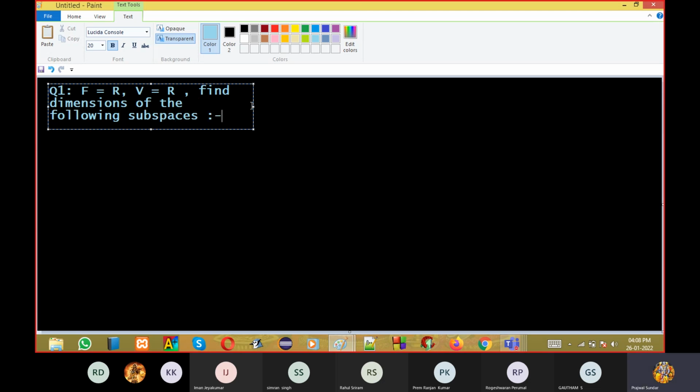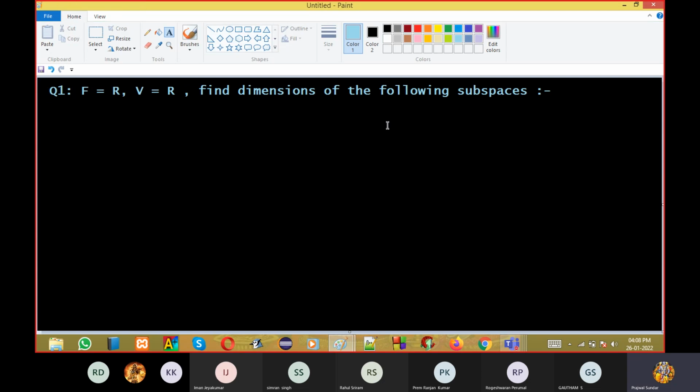Now we will find dimensions of subspaces. I'll give W1: this is R squared, the vector space is R squared, 2 tuples we are seeing, x comma y for all x plus y equal to 0.